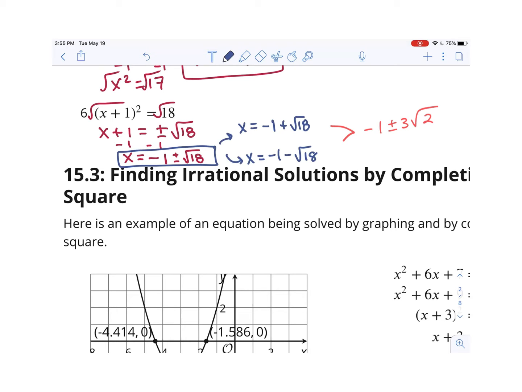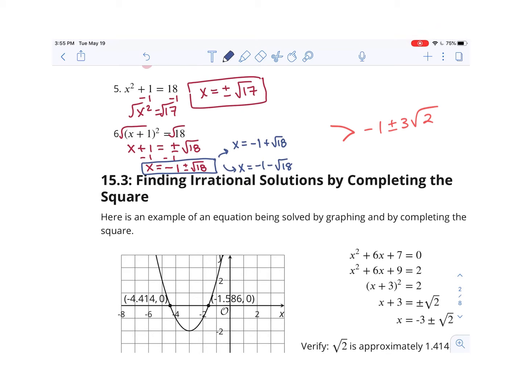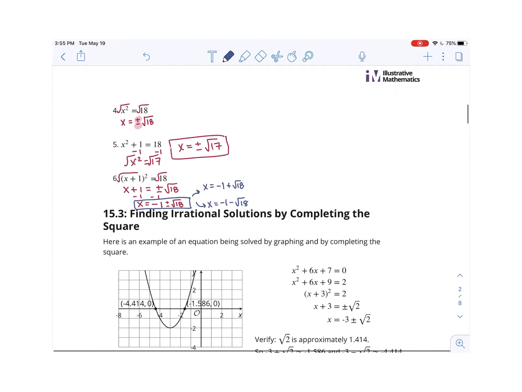It can't go in front of the plus or minus because we have that negative 1 there. Again, that would just be negative 1 plus 3 root 2 and negative 1 minus 3 root 2. Okay, so this might be the first time that you're seeing this notation, and it might be a little bit different for you, but note that what it represents is just what it looks like, a positive or a negative version.